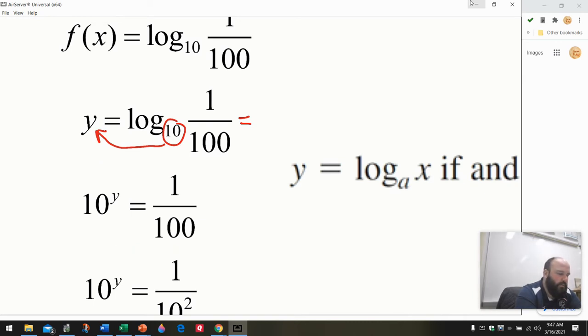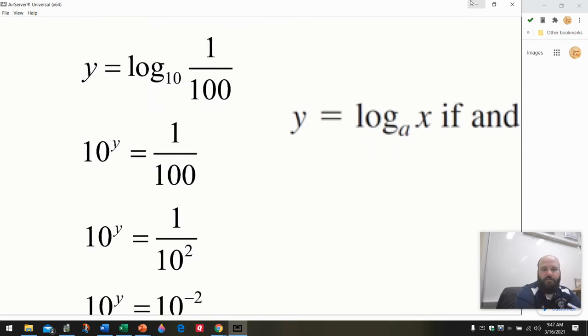Now we need to get a way to get the bases to be the same. And this one's a little trickier than the other ones because we have this 1 over 100. How are we going to do that? Well, 100 is 10 to the second power. It's the first thing you need to realize. So we're going to substitute 100 right here, and we put in 10 to the second. Now, after we have 10 to the second there, we need to bring it up.